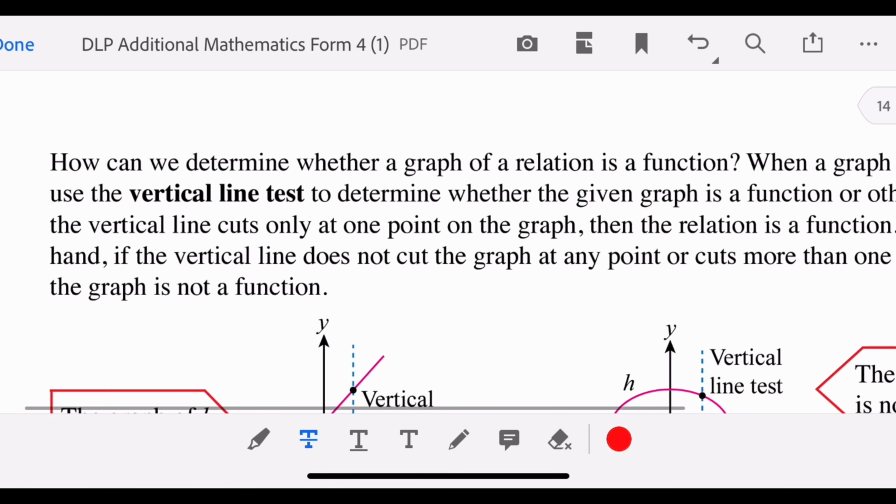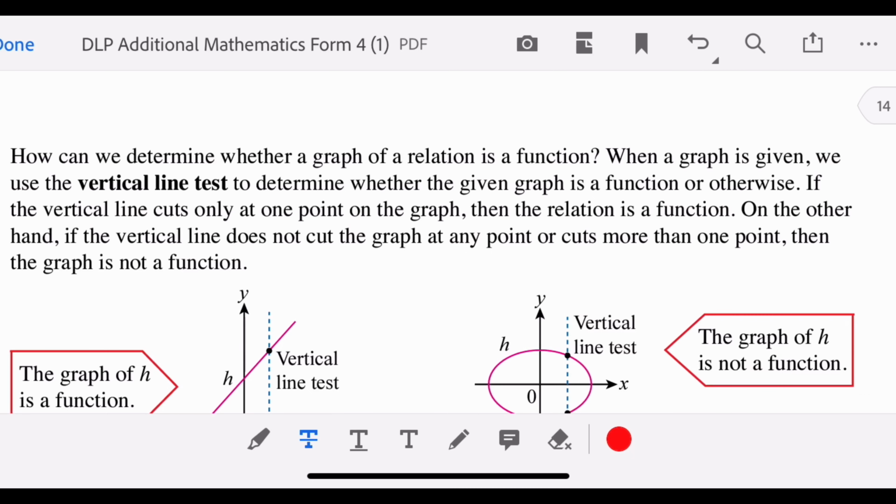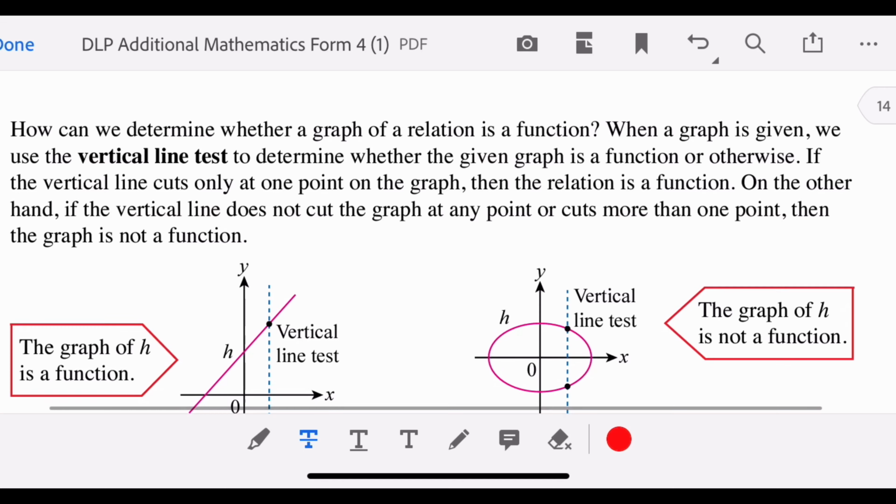For this topic also, you must know what the vertical line test is. How can we determine whether a graph of a relation is a function? When a graph is given, we use a vertical line test to determine whether the given graph is a function or otherwise.